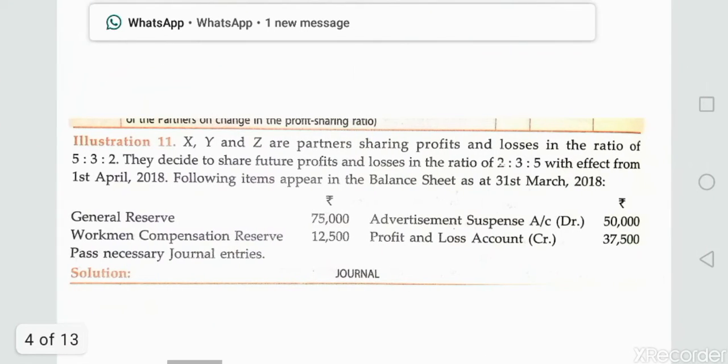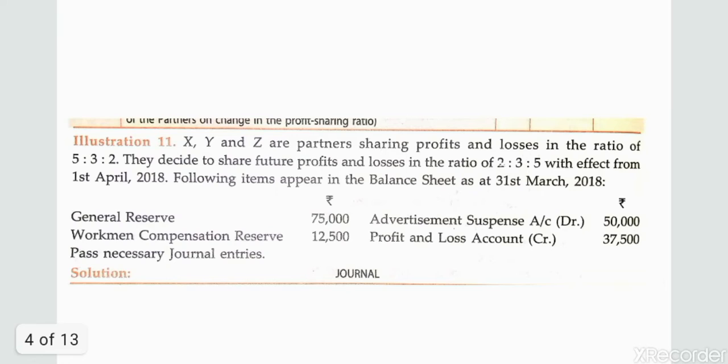The general reserve appears at 75,000, workman compensation reserve at 12,500, advertisement suspense account debit 50,000, and profit and loss credit 37,500. And we have been asked to pass the necessary journal entry.